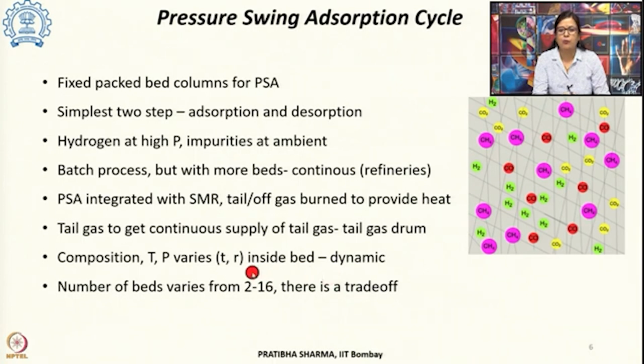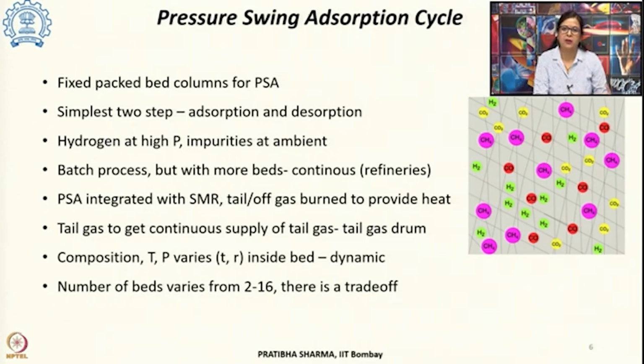And we can even add more beds. There are processes where we can have the simplest one, the 2-step process, and we can increase the number of beds to even 16. Now, how many beds should be added for getting better hydrogen recovery? Again there is a trade off.